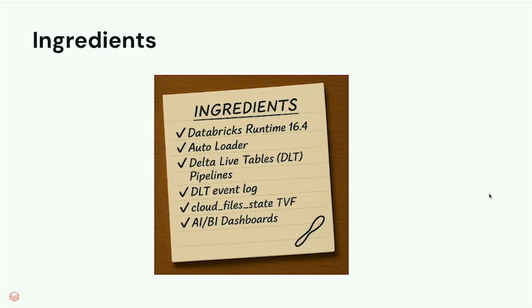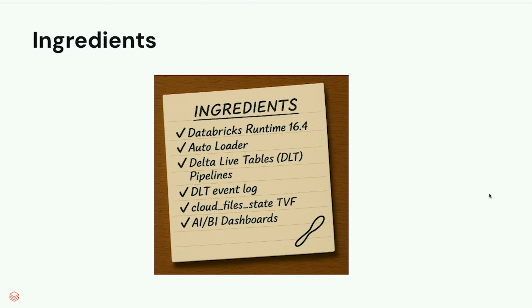What are the ingredients for our observability dish? First, we're going to use Databricks Runtime 16.4 or later. This is to enable some of the enhanced file state observability that Sandip talked about. That's available through the cloud_file_state table-valued function. Of course, we need our main ingredient, which is autoloader. We are going to use Delta Live Tables pipelines for the declarative ETL capabilities and Python metaprogramming.